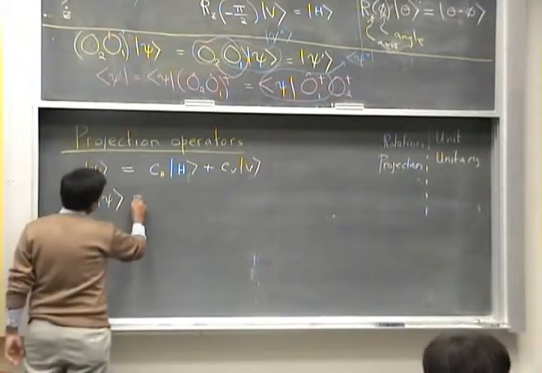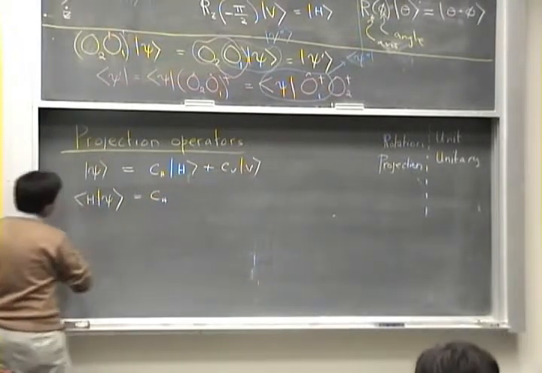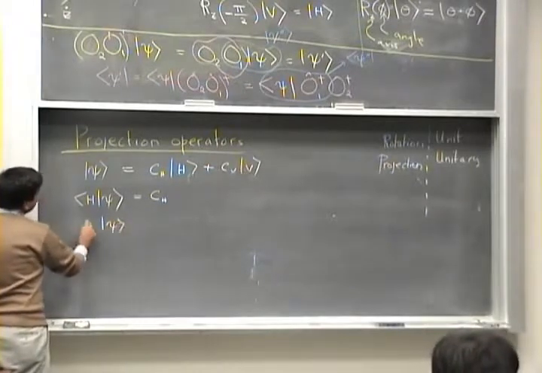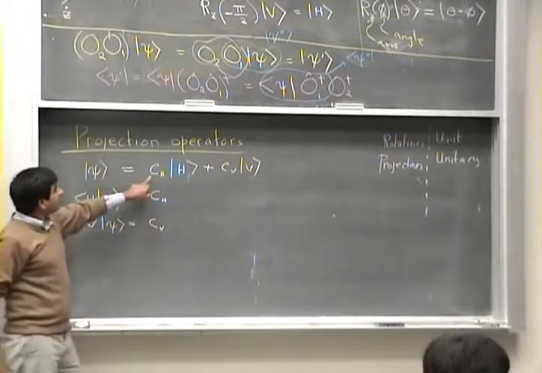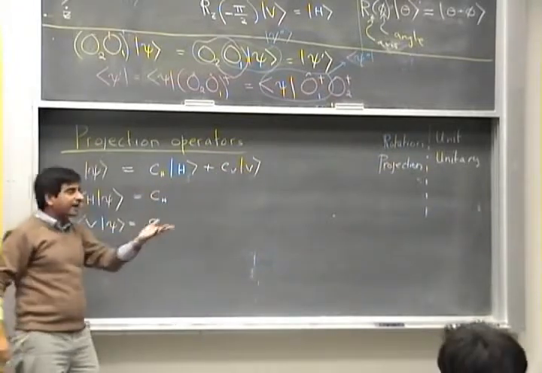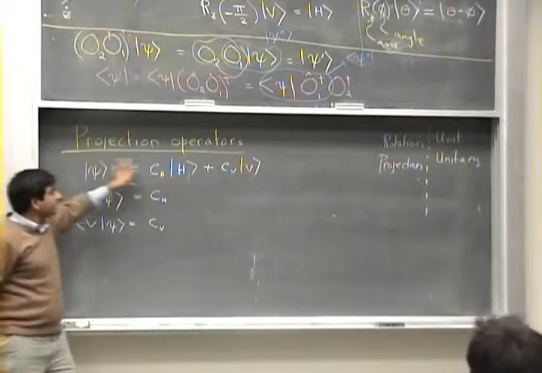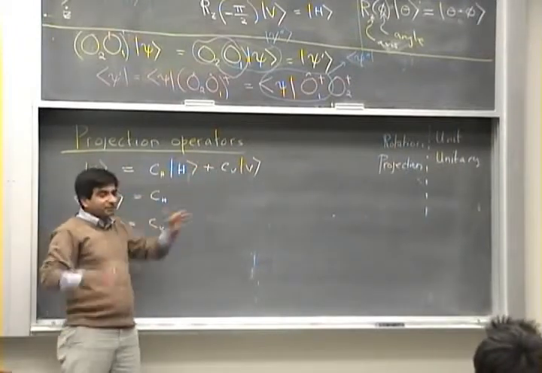C_H. Good. If I take the inner product of psi with V, what do I get? C_V. So these probability amplitudes are in fact the inner product of the complete state, which is a superposition, with the basis states.